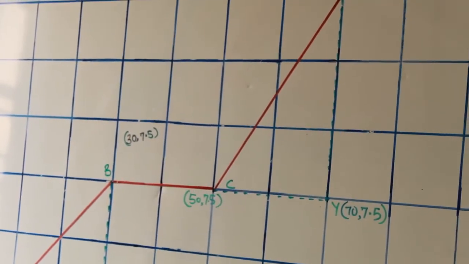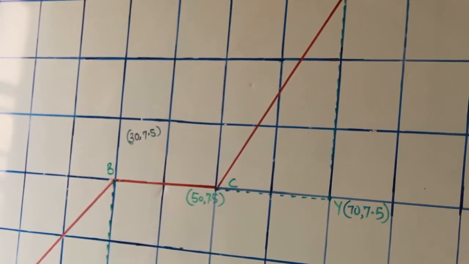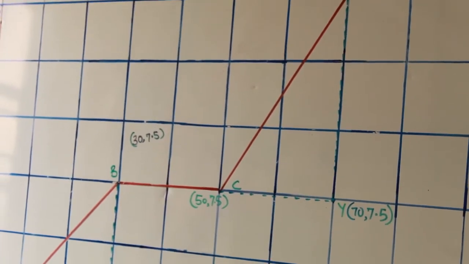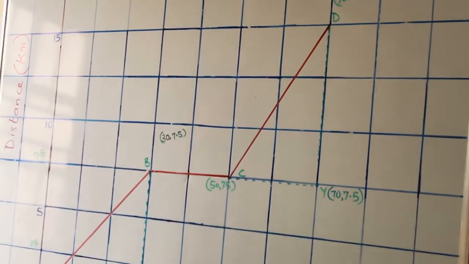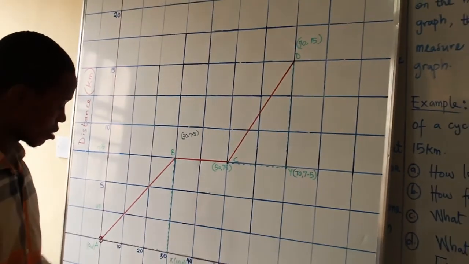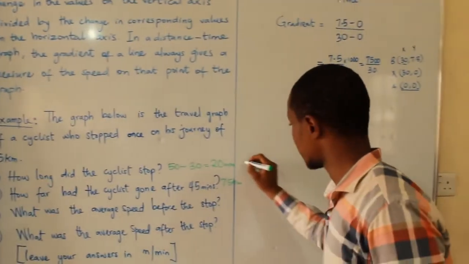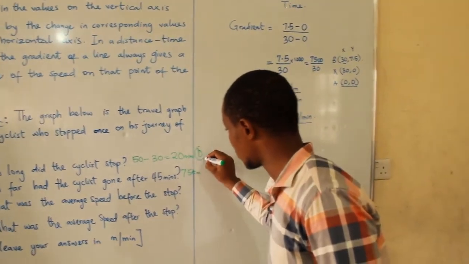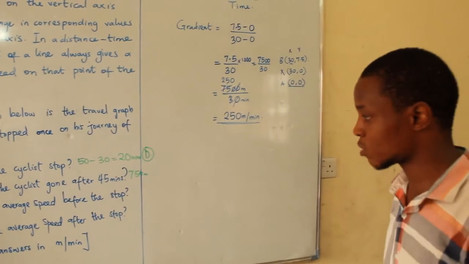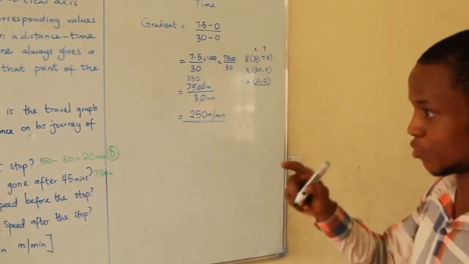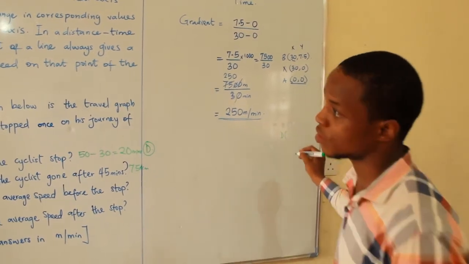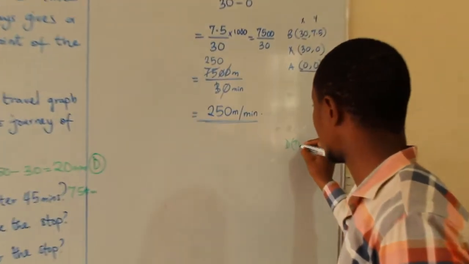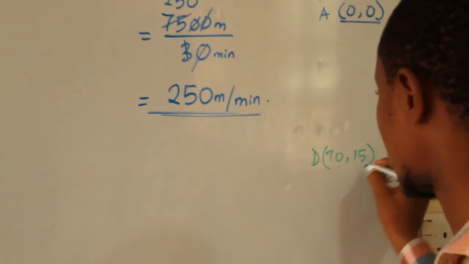Now, with those 3 points, we're going to go and solve the average speed after the stop. Now, for D, what was the average speed after the stop? I'm just going to transfer our coordinates for D, which is 70, 15.